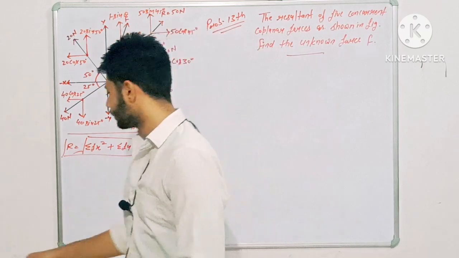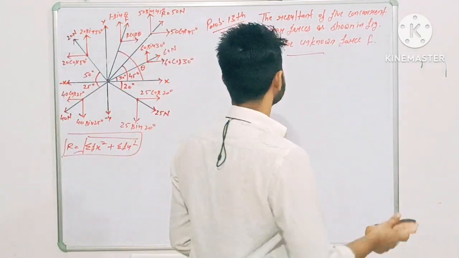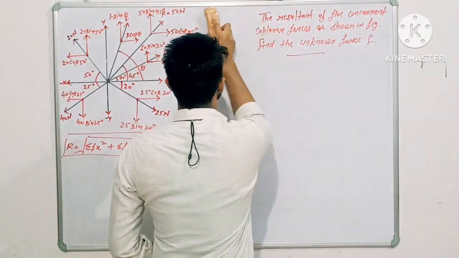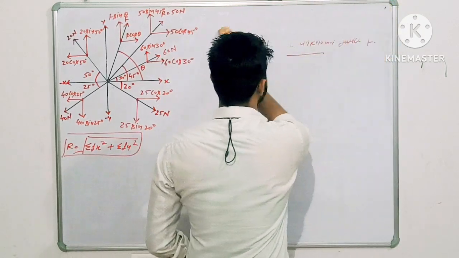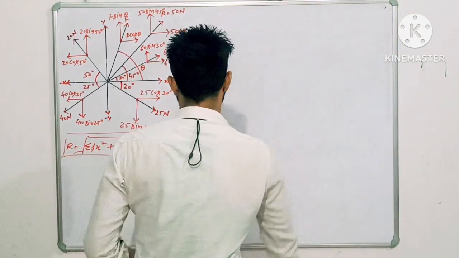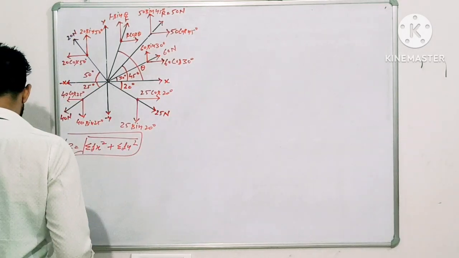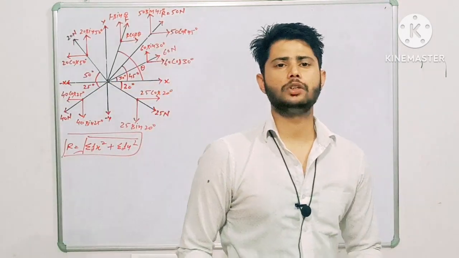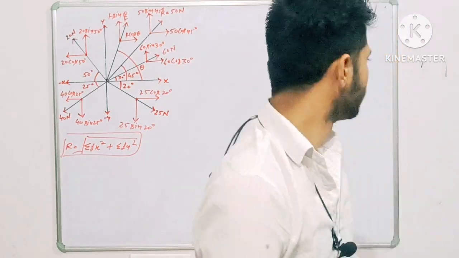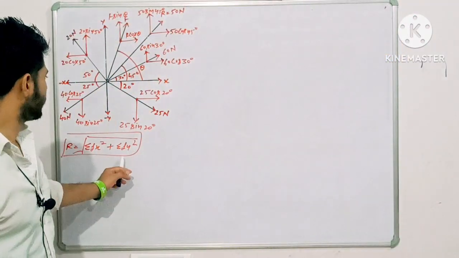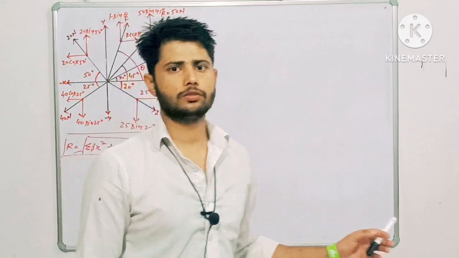Okay, I am erasing this. This is our 30th problem. Now, according to our resultant formula, we add the summation of Fx and the summation of Fy, square them and take the root.